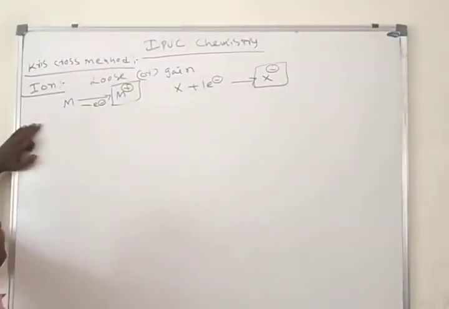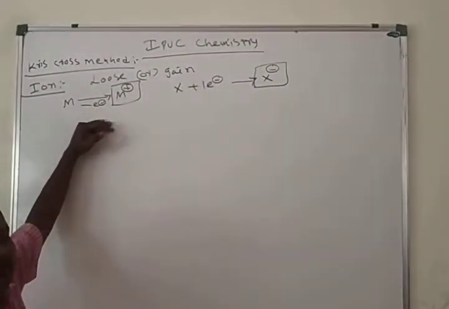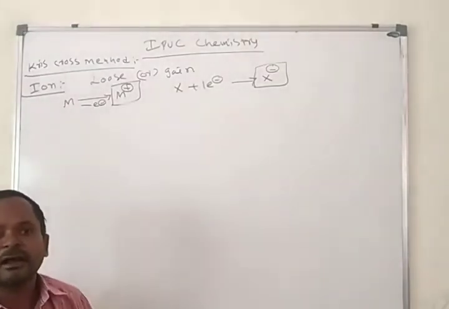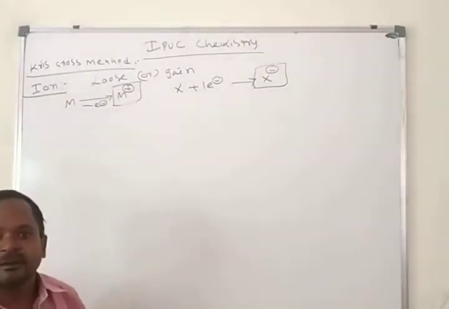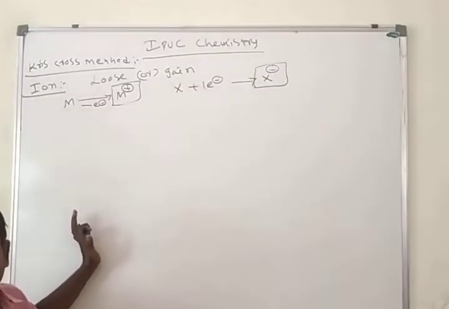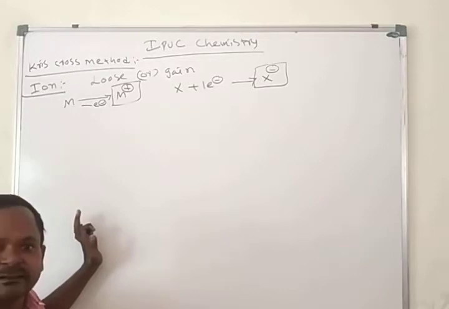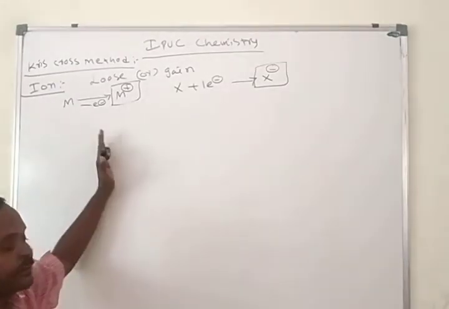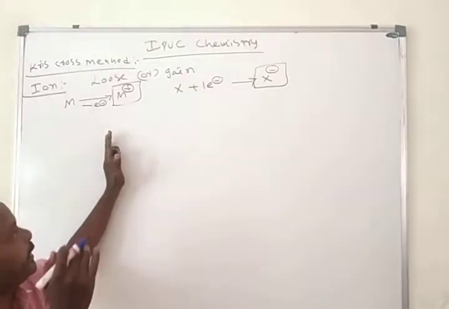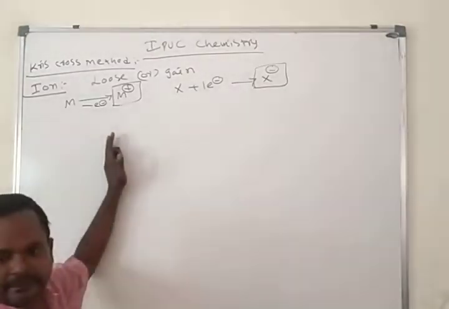See how to write the chemical formula by using cation and anion. When you are writing the chemical formula, the cation should always be present on the left side, according to the IUPAC system. Anion should be on the right side.